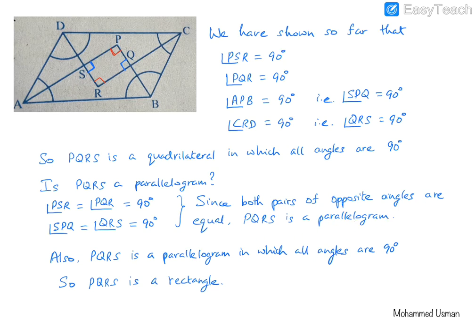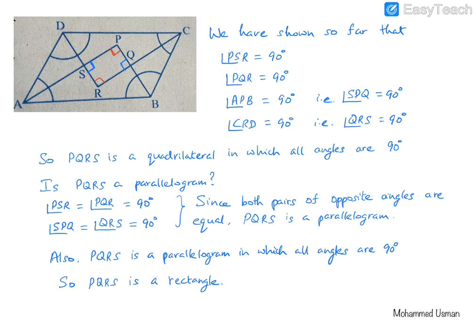And secondly, since the angles are equal and also equal to 90 degrees, and we know that a rectangle is a parallelogram in which one of the angles is 90 degrees. In fact, we have proven here that all the four angles are 90 degrees. So therefore, PQRS is a parallelogram in which all the angles are 90 degrees, and therefore PQRS is a rectangle.